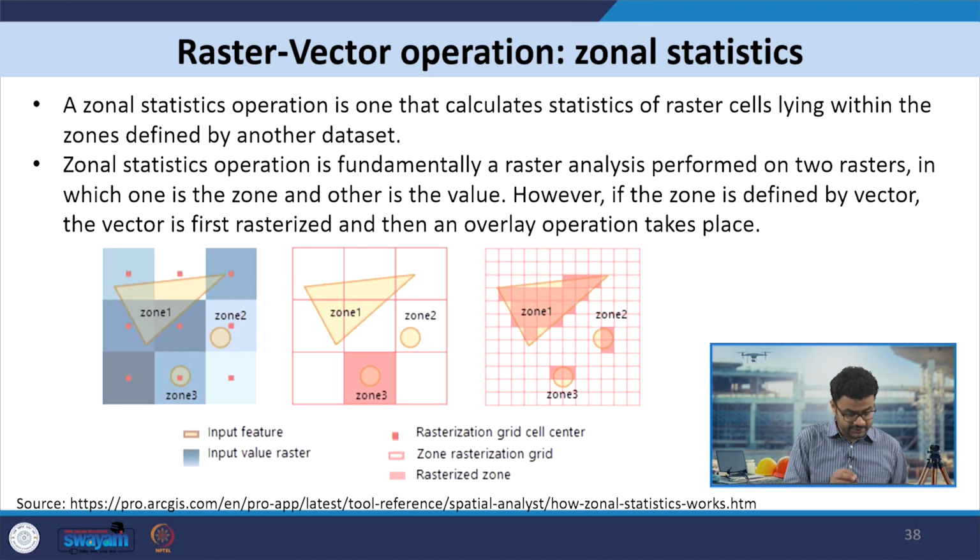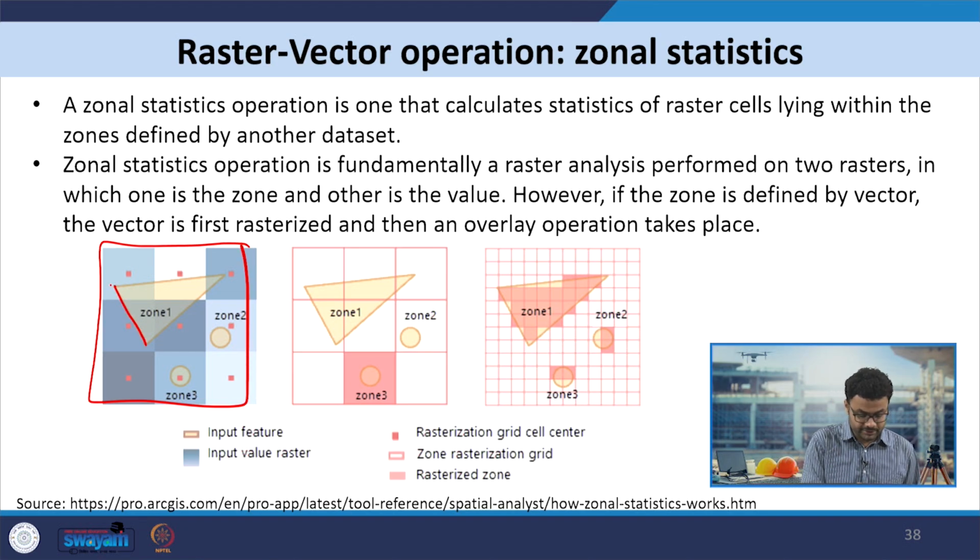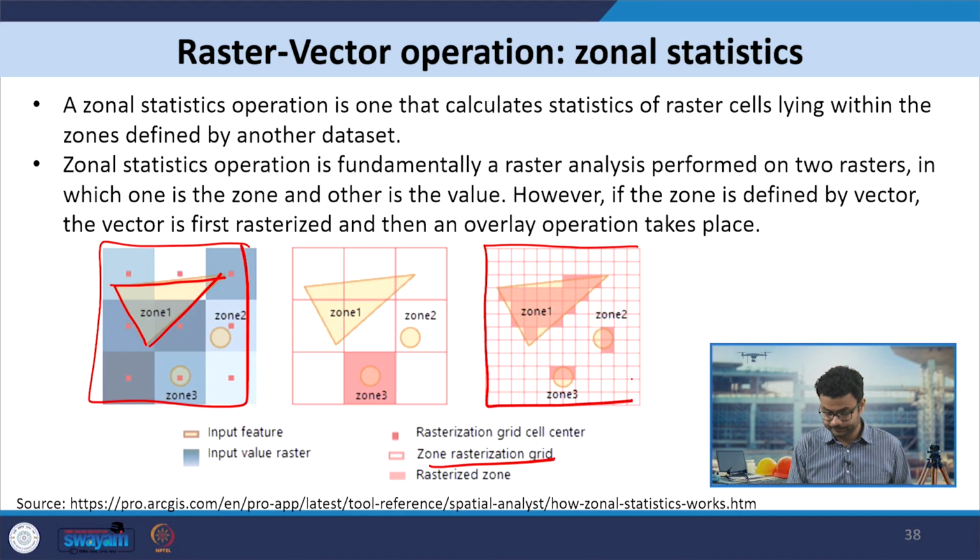For example, in this image, we can see the input value raster shown in gray and blue pixels. On top of that, there is a zone which is specified by a vector. First of all, the vector is rasterized. This leads to a zone rasterization grid.